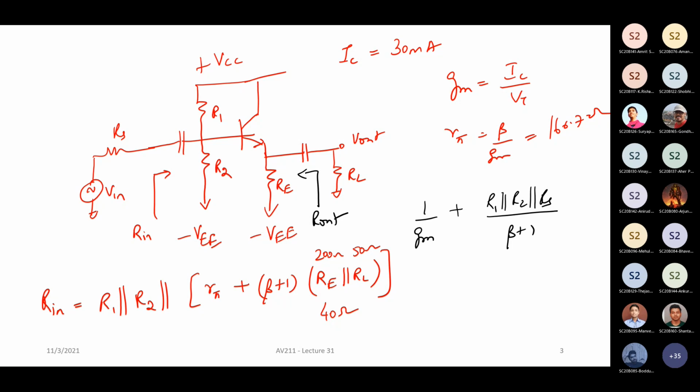We had derived this in the class, and 1 over GM will be a very small value. This also will be a smaller value. You will get around, I think, 5 point some ohms or something like that. I don't remember the exact number.